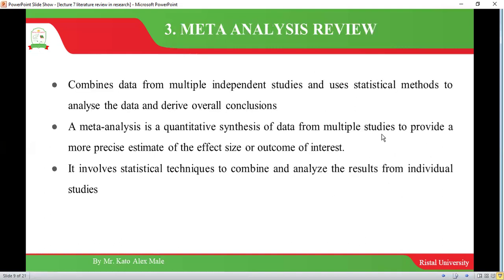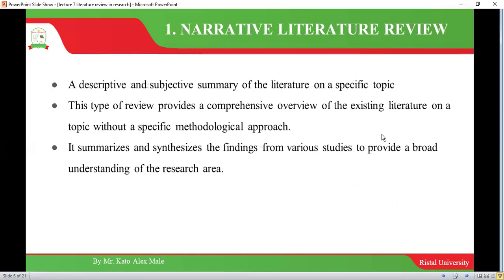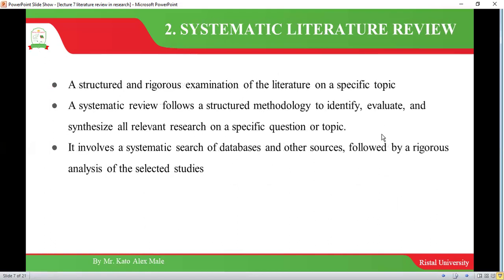If I try to review these 5 types of reviews, if I try to go back, you find out that each one is essential in its category. Narrative was essential in that it was describing what others say on the available data. You find out that is important. Systematically, you need to not only describe, but also analyze what others were saying on the problem under investigation.